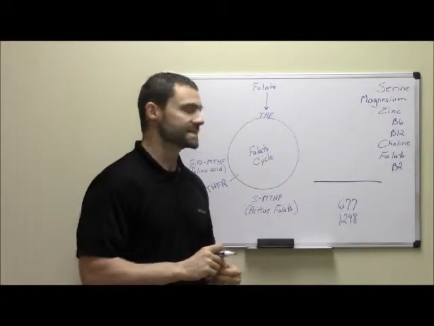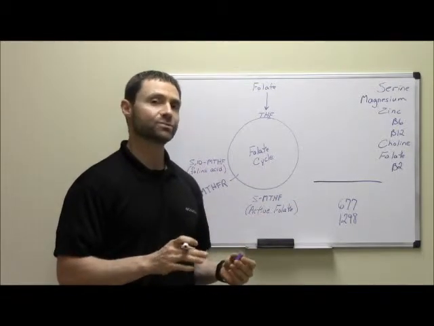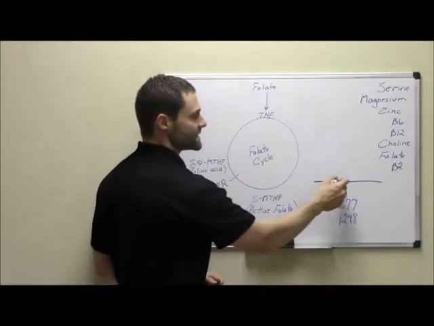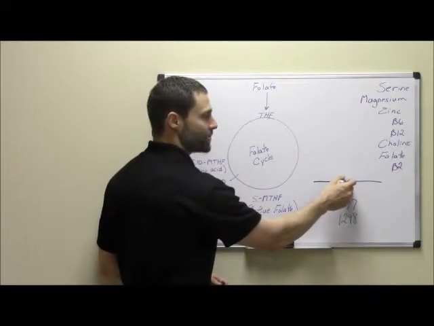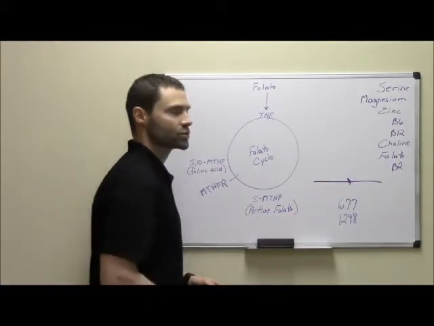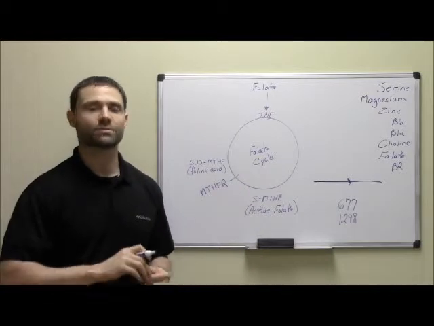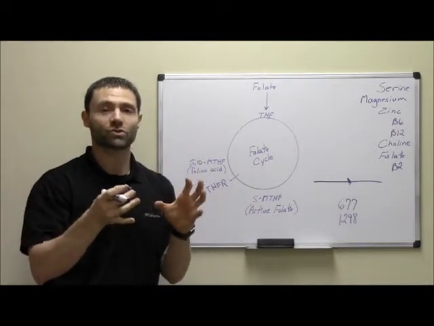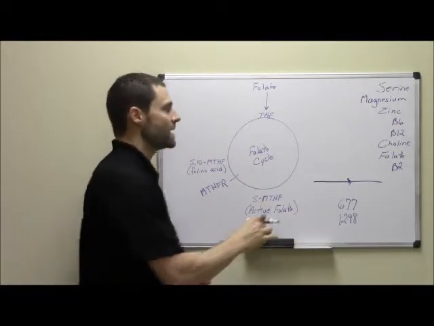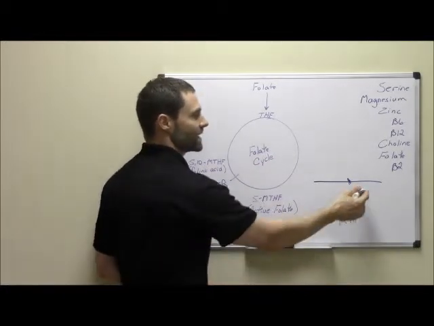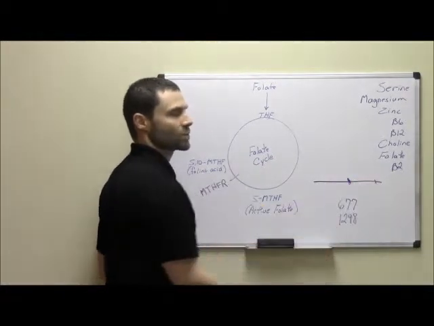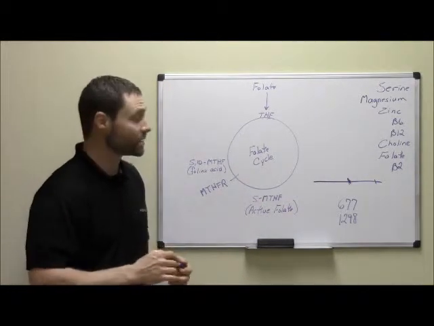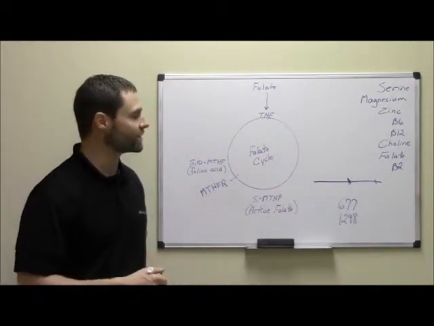The reason that 677 likely has more impact is because 677 is more influential towards the middle of that enzyme. So it's going to have a greater impact on the overall structural configuration of the enzyme than does 1298. 1298 is a little bit further out towards the end of the coding sequence. But again, they both have direct effects here.